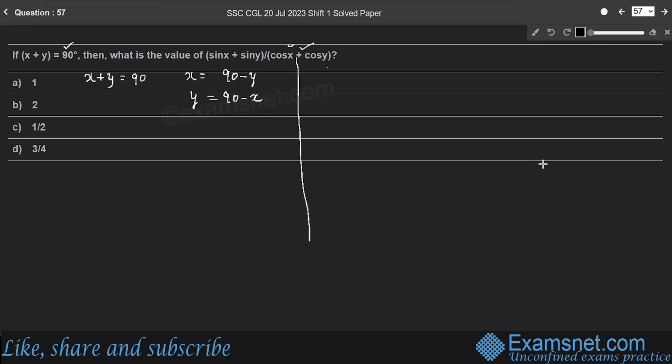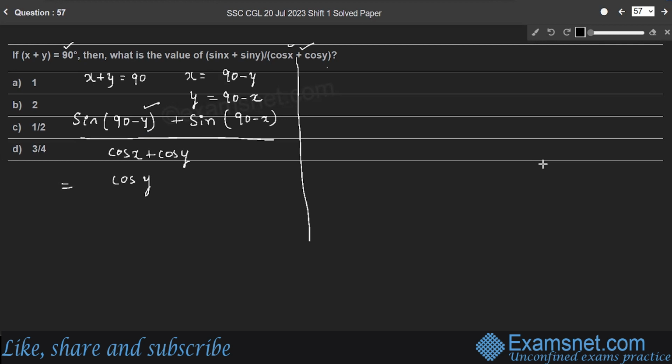Therefore, consider the expression sin x plus sin y by cos x plus cos y. Here sin x plus sin y becomes sine of, instead of x we'll take 90 minus y, plus sin y, which is sine of, instead of y we'll take 90 minus x, whole divided by cos x plus cos y. Right? Here sine of 90 minus theta is always cos theta.